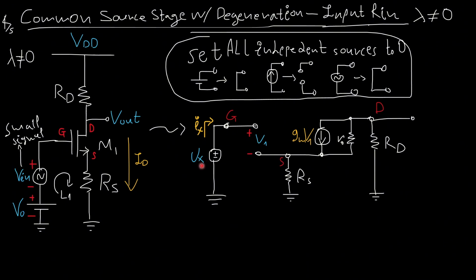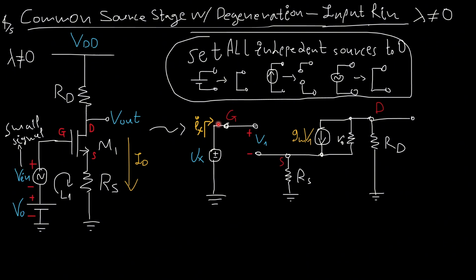And the voltage Vx that I apply to my configuration in order to measure the Rin is applied to the gate, because at the gate is where I put my input signal.